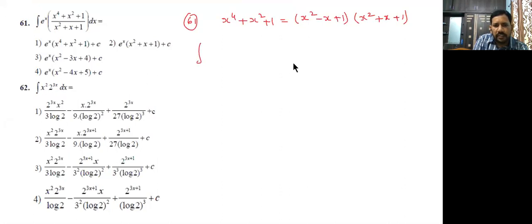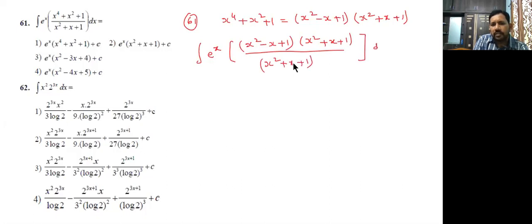Now integration e power x into numerator part, I am writing x square minus x plus 1 into x square plus x plus 1, divided by x square plus x plus 1, into dx.